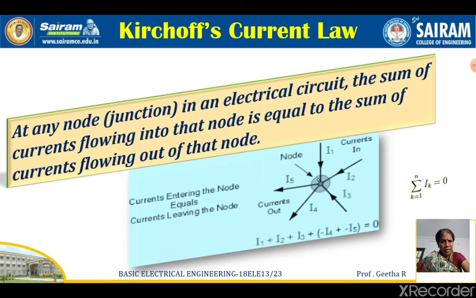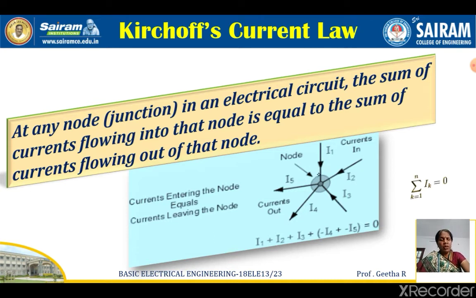See here, I1, I2, I3 are entering the junction. I4 and I5 are going away from the junction. So you can say that I4 plus I5 is equal to I1 plus I2 plus I3. Or at this junction, the algebraic sum of all the currents is equal to 0.